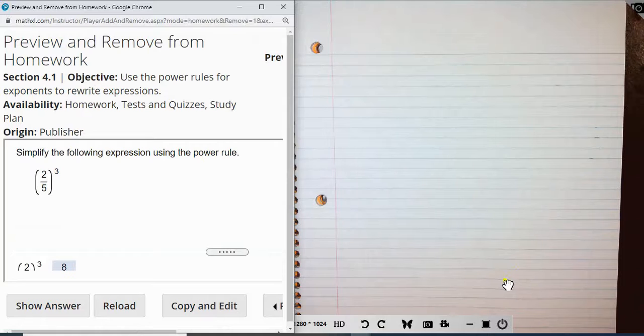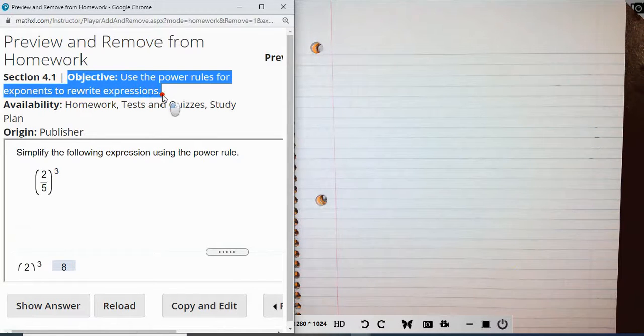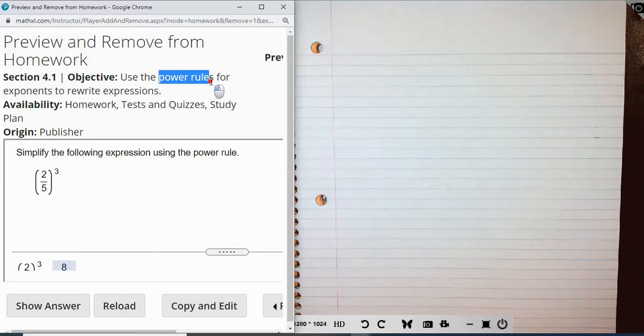All right, so again, look to our objective here. We're using power rules to rewrite these expressions, and when you rewrite, you want to be sure to follow all the instructions asked in the particular question. It gives you a really big hint here: the power rule.